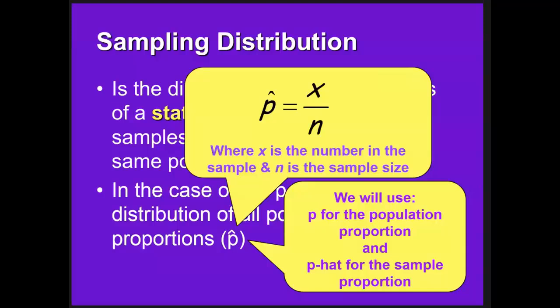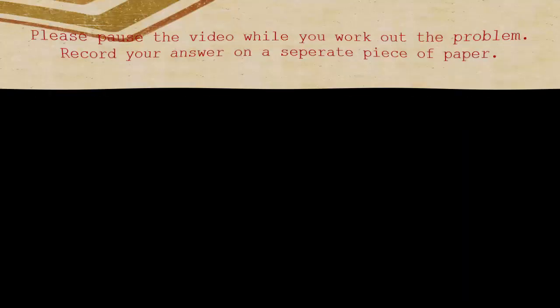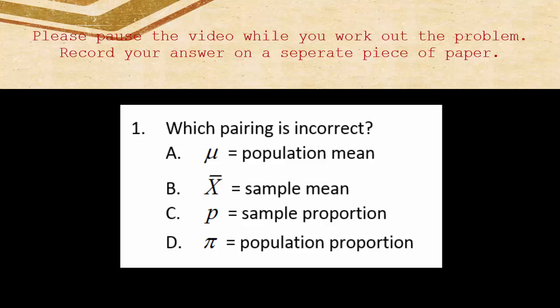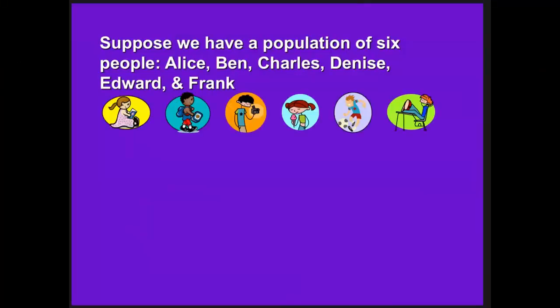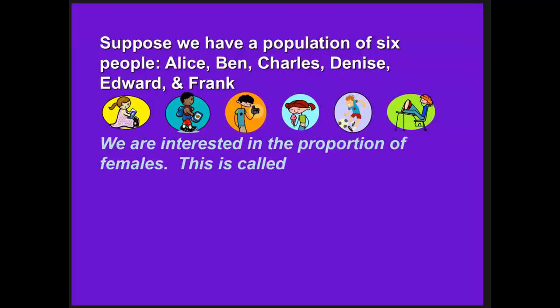Okay, so we're going to do a little hypothetical here. Suppose we have 6 individuals: Alice, Ben, Charles, Denise, Edward, and Frank. A, B, C, D, E, and F on purpose.